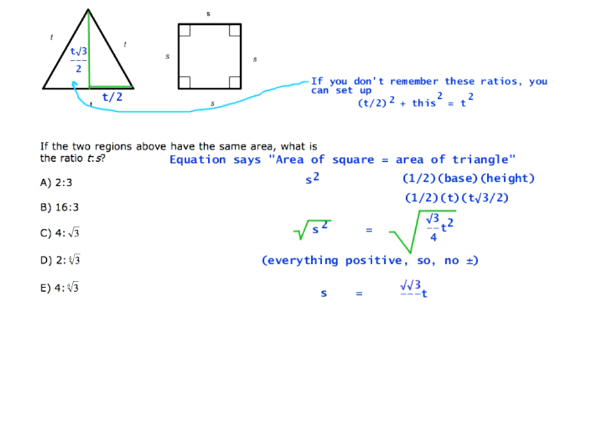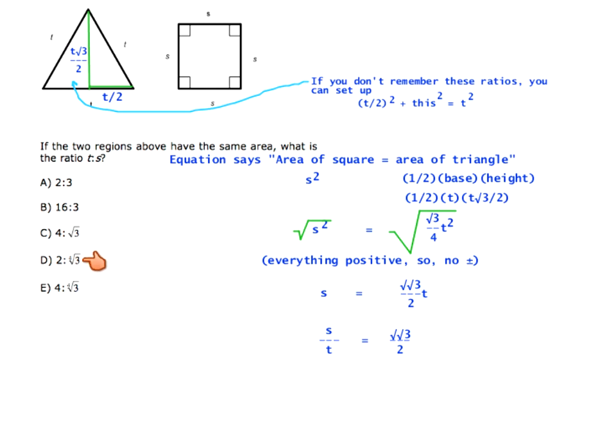The square root of 3 is the square root of the square root of 3, and then that's 2. So then if you divide by t, then you have s over t equals the square root of 3 over 2.